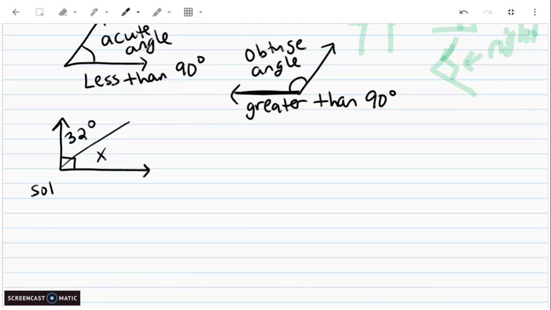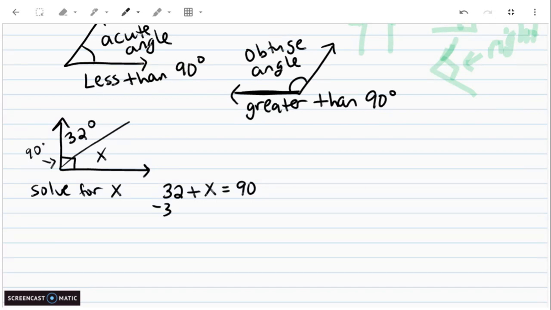So solve for x. So this means I have to know that this part here is 90 degrees. And then I need to know that 32 plus x equals 90 degrees.